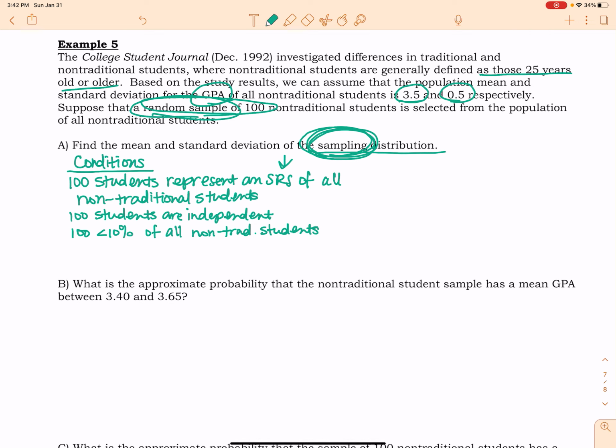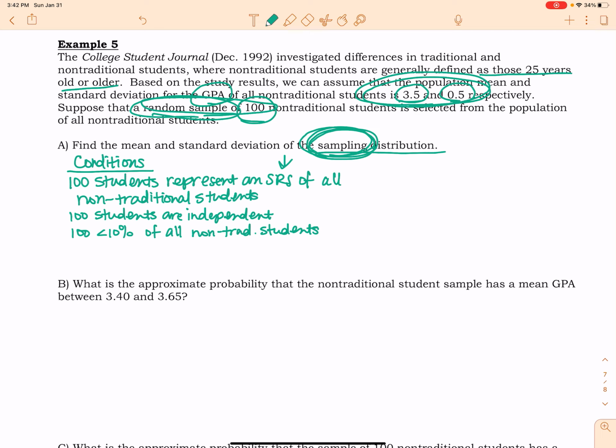Okay, now we are not told in this particular problem that the parameters we are given up here come from a normal distribution. So I have to now analyze my sample size. I look at my sample size and I see that it is 100. Well, by my central limit theorem, I need at least 30 individuals for it to be considered large enough to approximate normal.